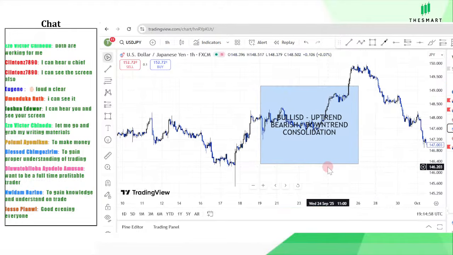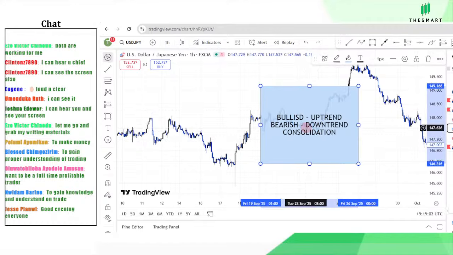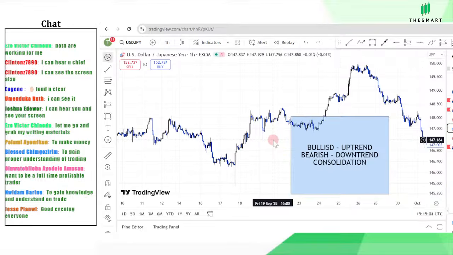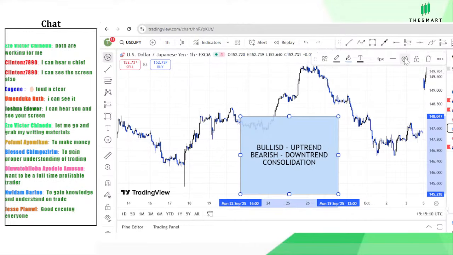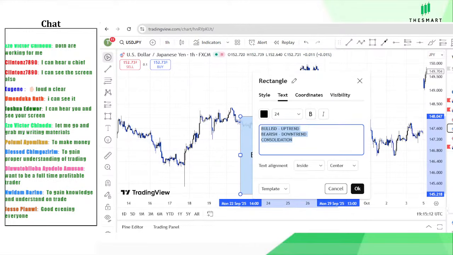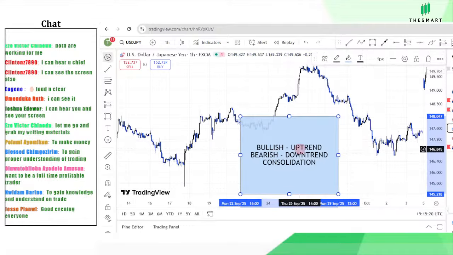Okay, let me drop this properly. All right, so I believe everyone can see this. So we have the bullish market, also known as the uptrend.